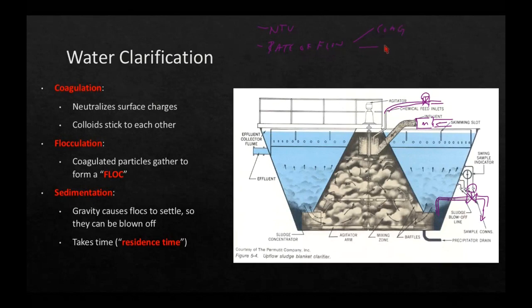They need to know so much flocculant. And then, based upon the rate of flow and the NTU, we know the rate at which flock is going to form. So that is also going to inform us on blow-off frequency and duration.